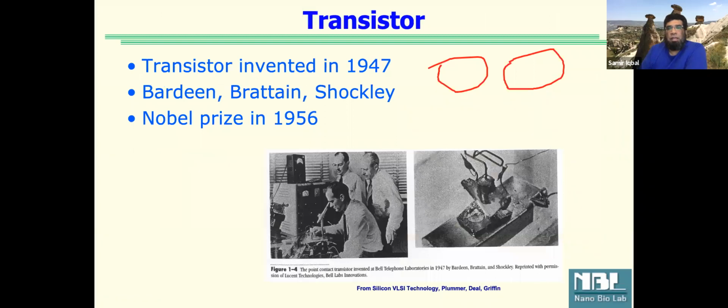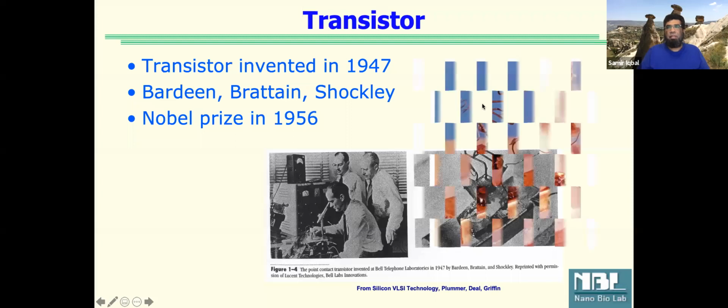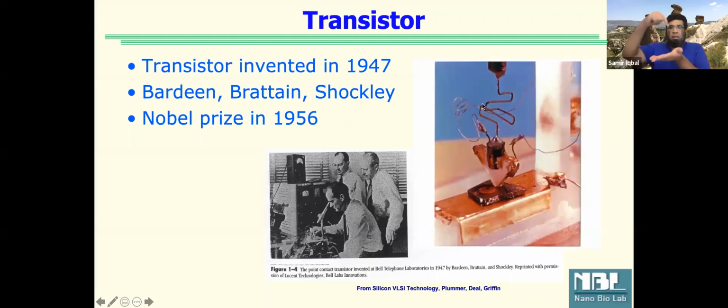The history: they created the first transistor back in 1947. This was a group of people, Bardeen, Brattain, and Shockley. Here's a better picture that I have, where they put some material, they put the third terminal, and they could measure the current, the change in the resistance. So a transistor is a three-terminal device.